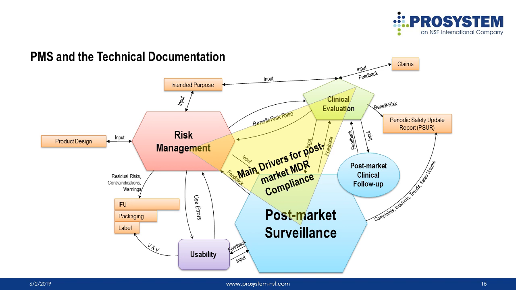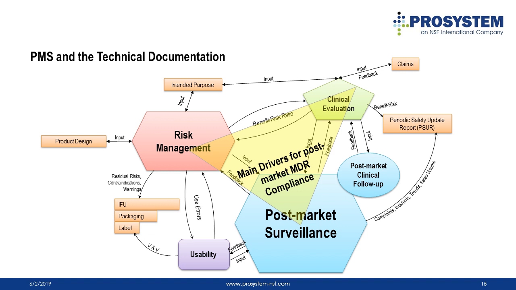For example, incidents will provide feedback that may require reassessing your risk management, such as the severity or probability of the harm. Incidents may indicate that risk control measures that you have implemented are not as effective as initially determined.